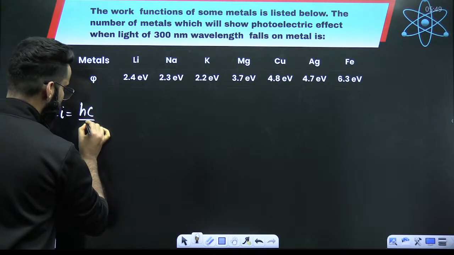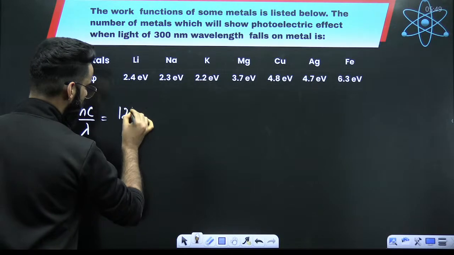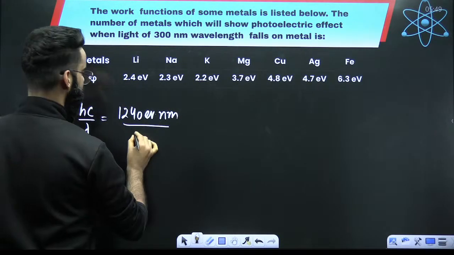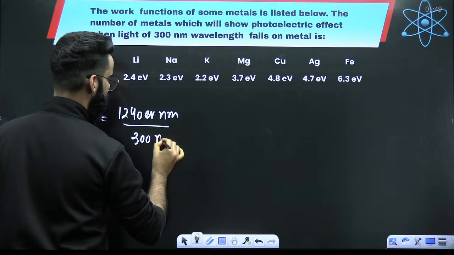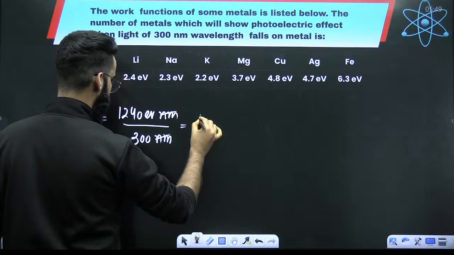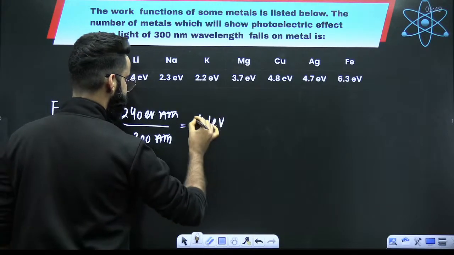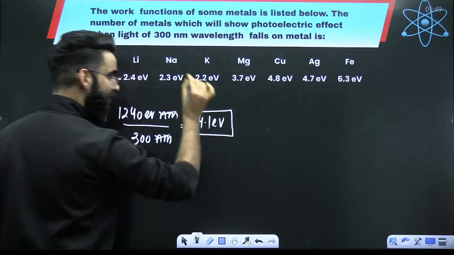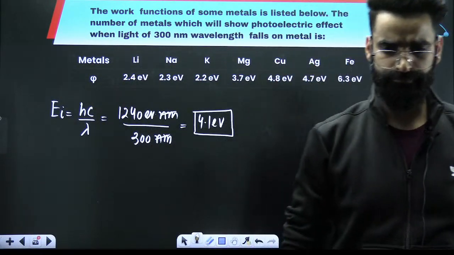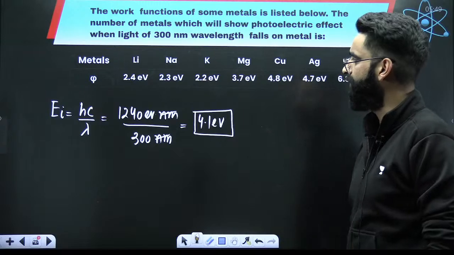It is hc divided by lambda. hc I'll be taking as 1240 electron volt nanometer divided by lambda, which is 300 nanometer, right? So nanometer cancels, and it is going to be 4.1 electron volt. This is the energy of the incident photon.